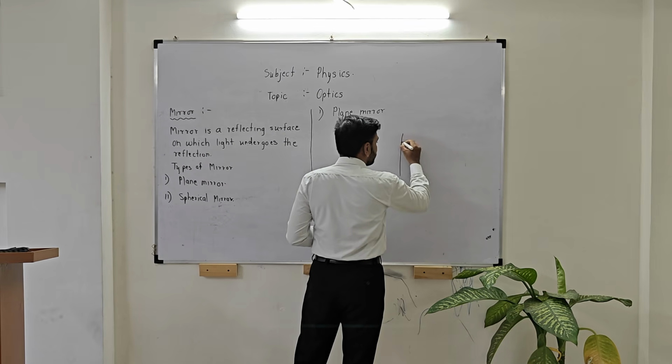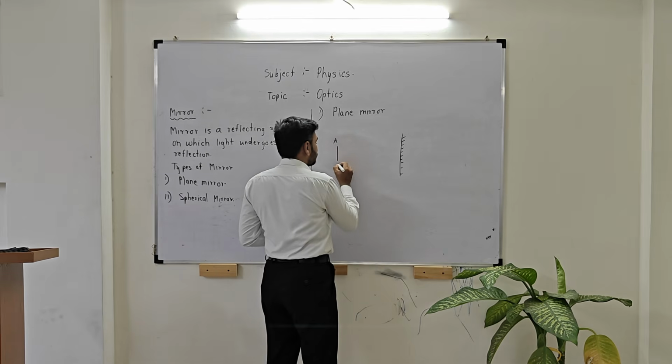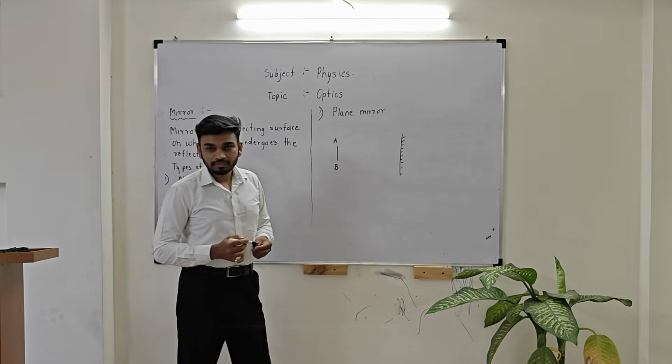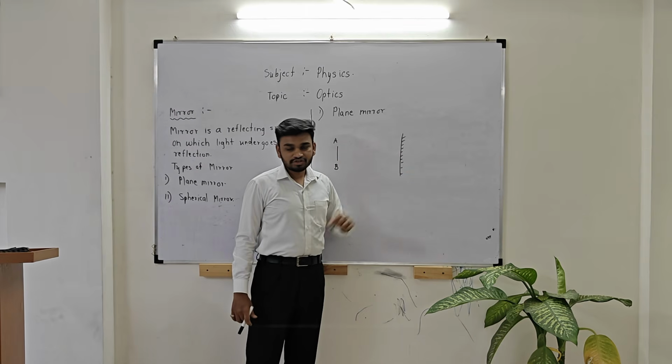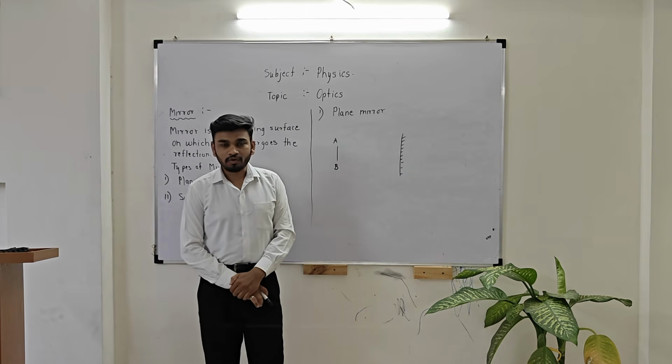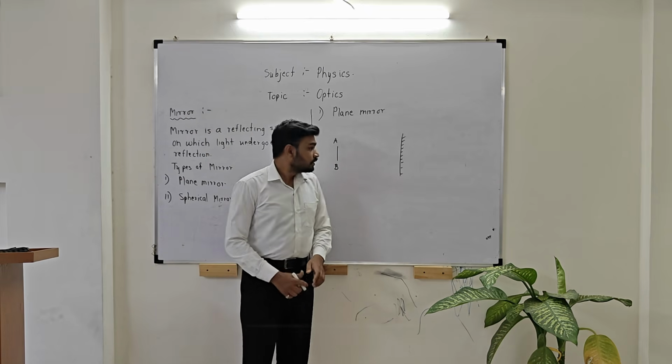Suppose this is the plane mirror, and in front of the mirror I will draw an object AB like this. As we all know, the plane mirror forms an image, but how the image is formed, we are going to demonstrate with the ray diagram method.